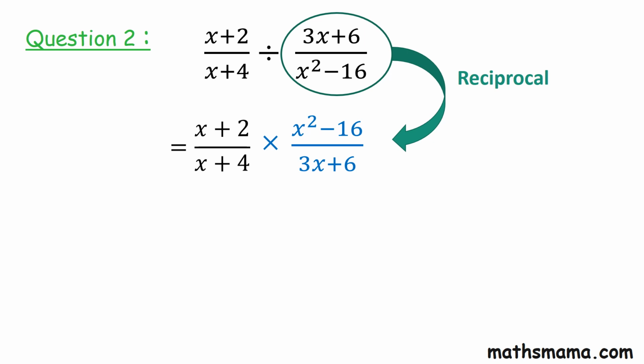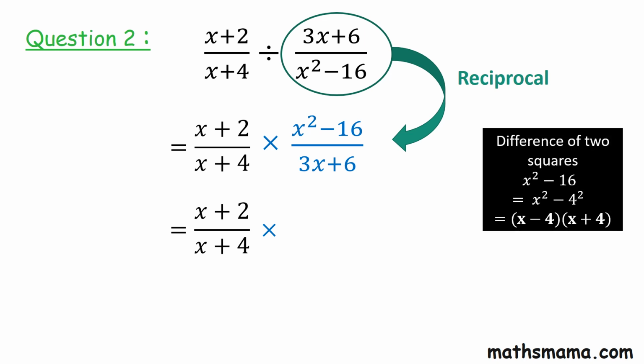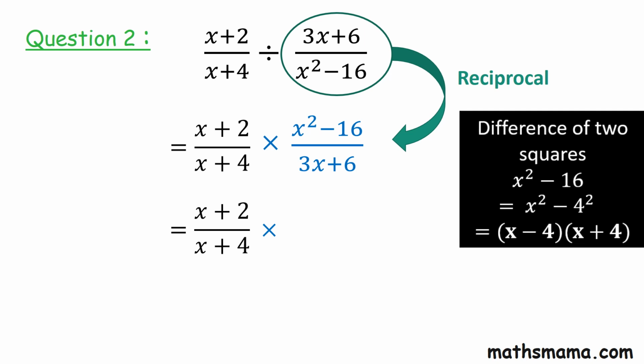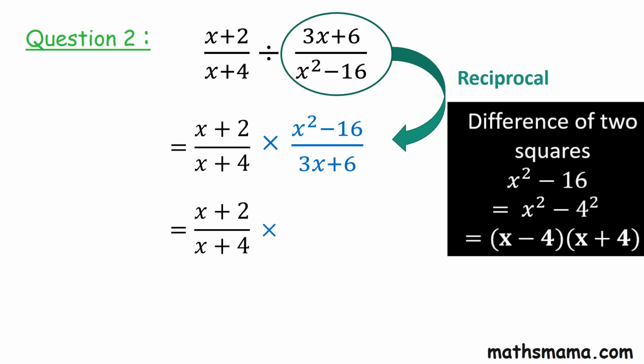So what we do, we apply difference of two squares in the numerator for x squared minus 16, there you get x minus 4 times x plus 4. And in the denominator, we have 3x plus 6. We can pull out 3, then we get the factor as 3 times x plus 2. Right. So now we revealed all the factors.